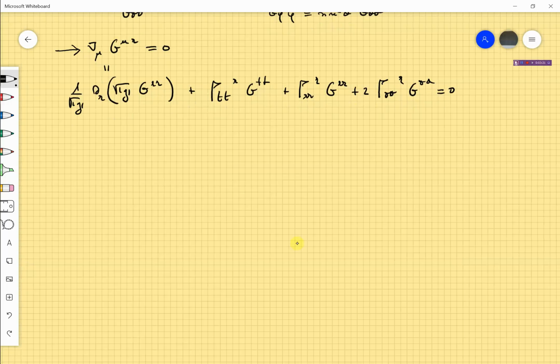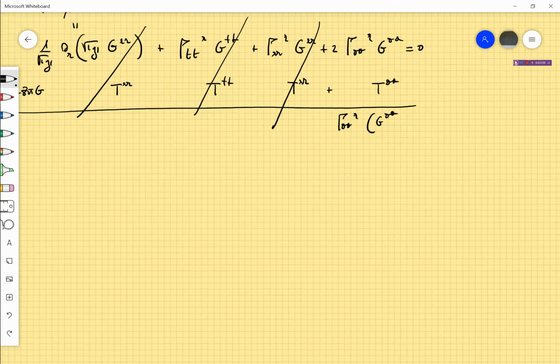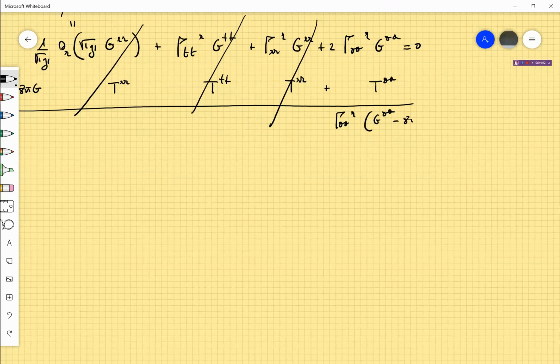So you have the same here with TRR, with TTT, TRR again, and here theta theta. And now you multiply this, well, I'm not writing gammas and so on, you multiply this by 8 pi g and by minus, and you add this, and assuming that the R component and the TT components are satisfied, you see that this term cancels, this term cancels, and what you have is gamma theta theta R multiplying the theta theta component of the Einstein equation.